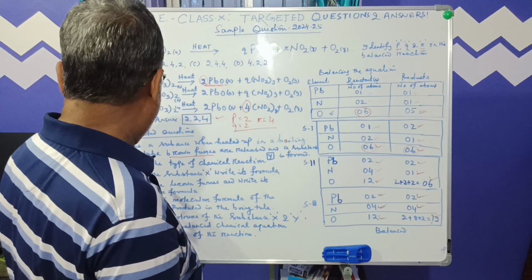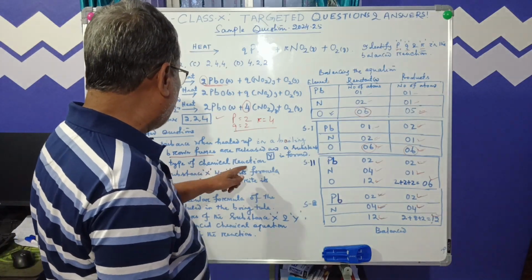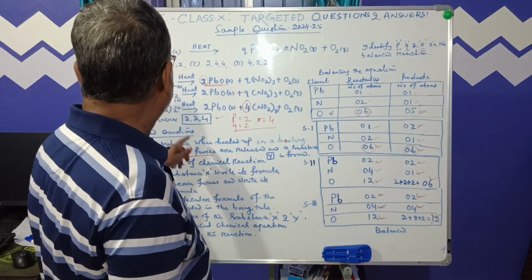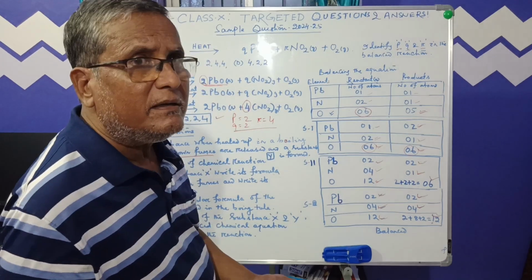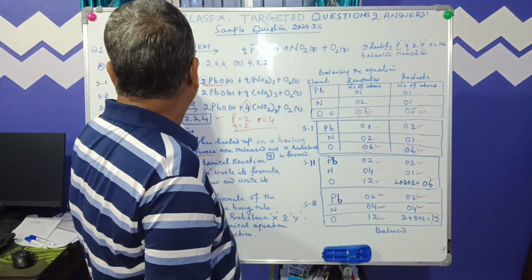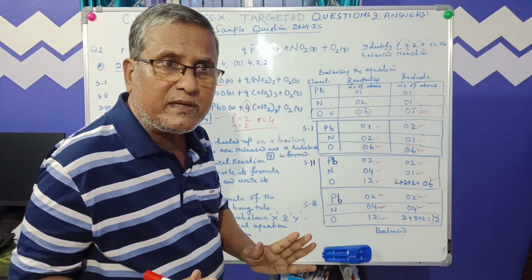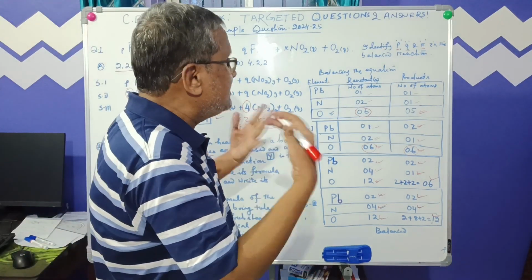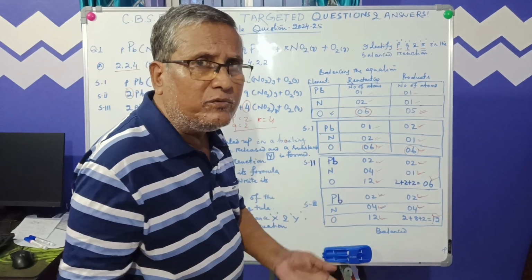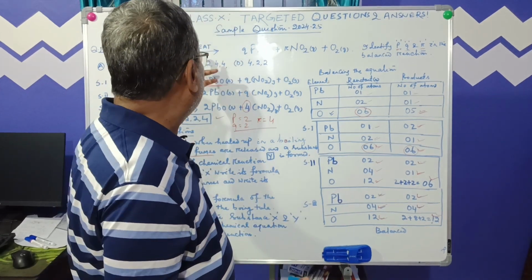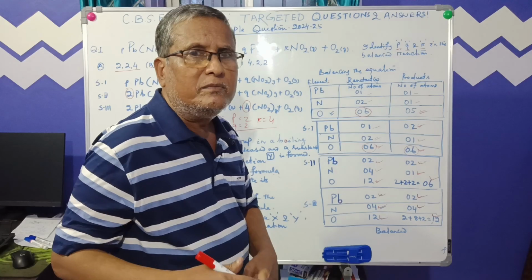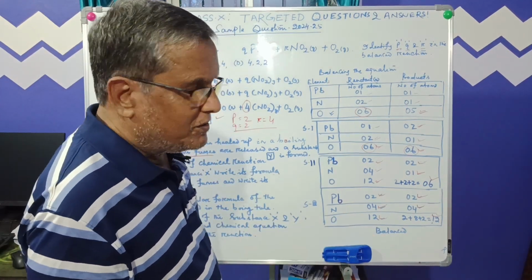Name the type of the chemical reaction. So what type of reaction is it? A single substance breaks down or splits on heating into two or more products.